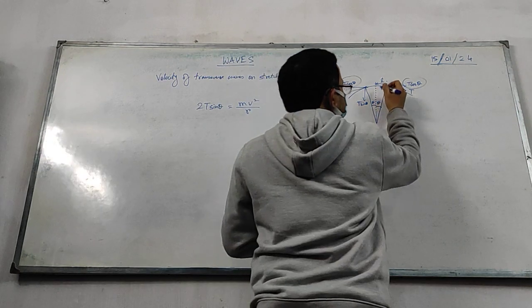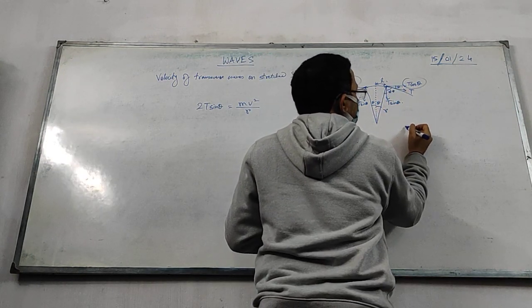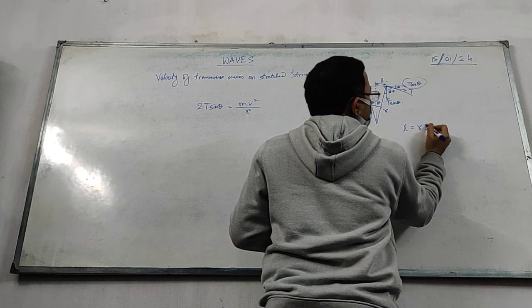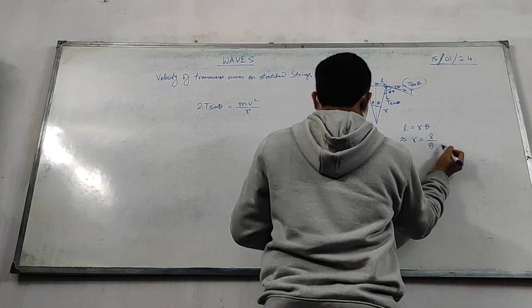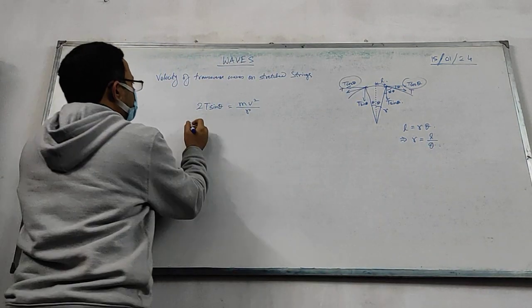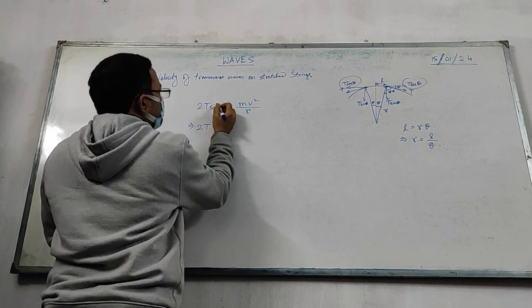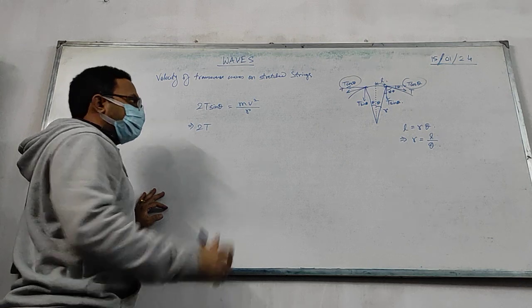So we use the formula S equal to R theta. If this angle is theta and radius is R, then L is equal to R into theta, so you can say R is equal to L by theta. Since theta is small, we can write sin theta nearly equal to theta.